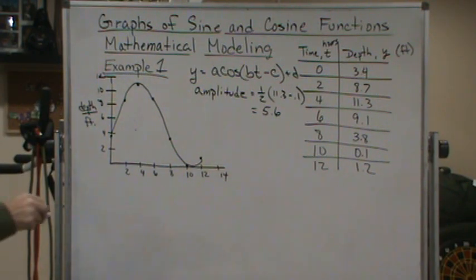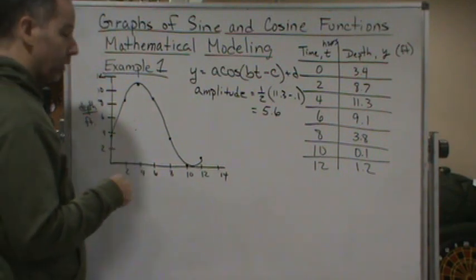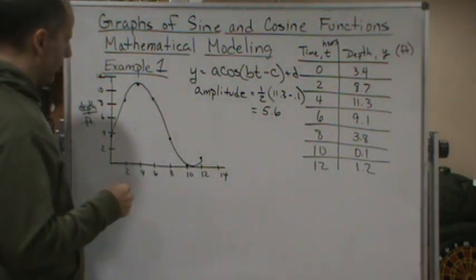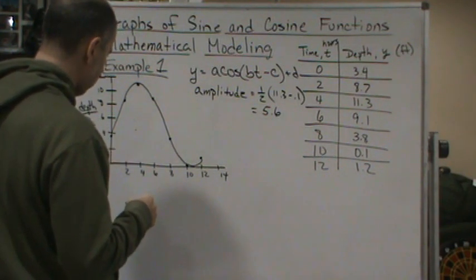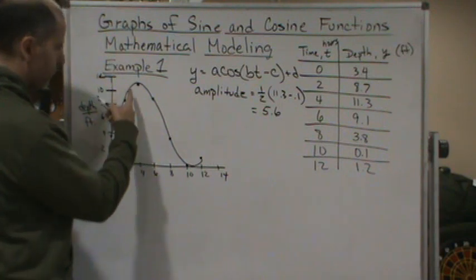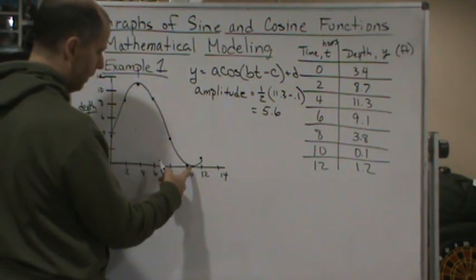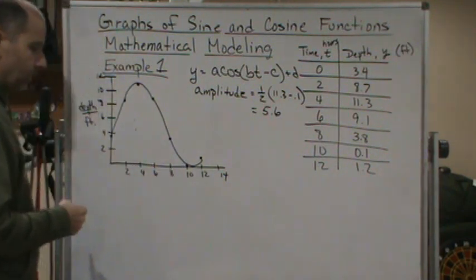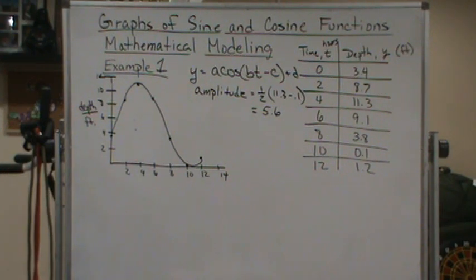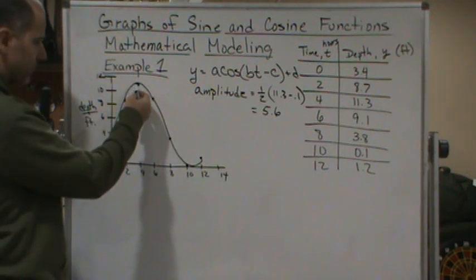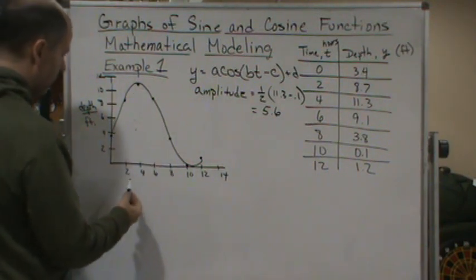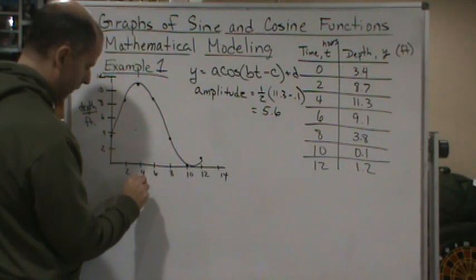Now let's look at the period. Let's think about this. What we have is the minimum and the maximum point. So what do we know about cosine? The cosine function is going to complete half of its cycle from the maximum point to the minimum point. The maximum point is at 4 hours.